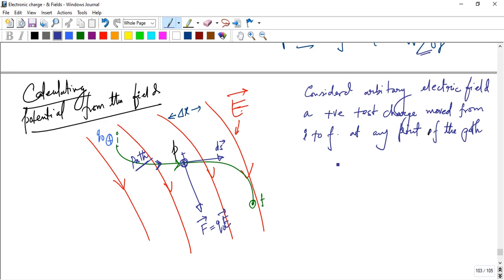So at point P we get an electric force. The electrostatic force is Q naught times E on the test charge.